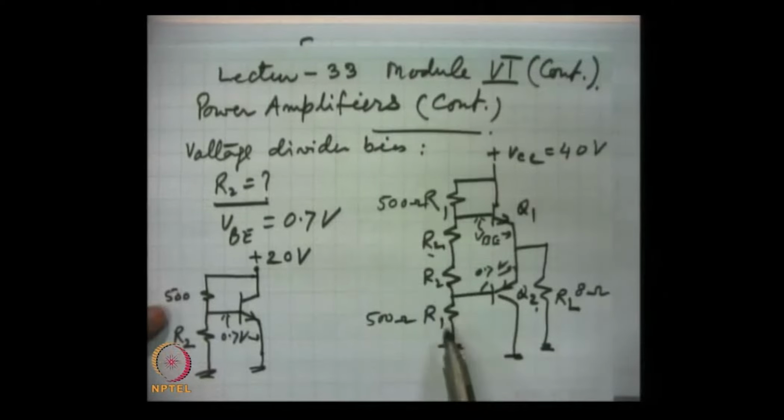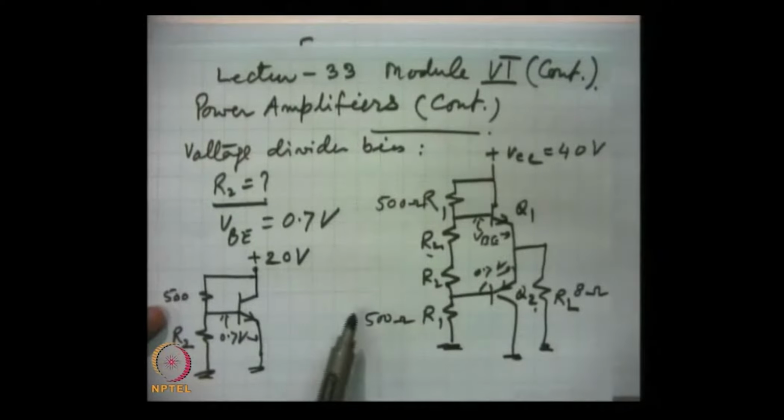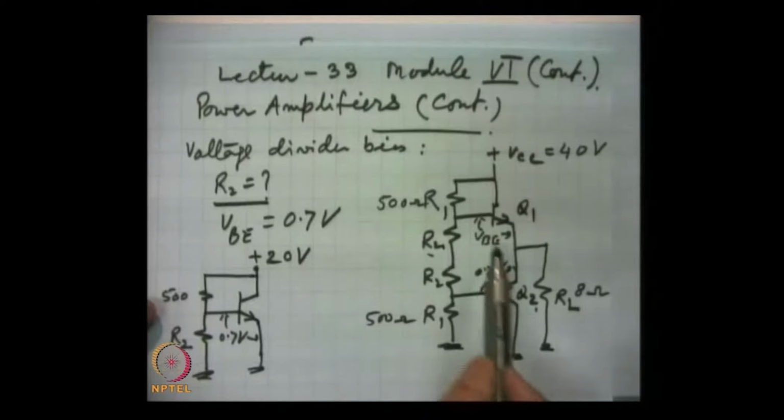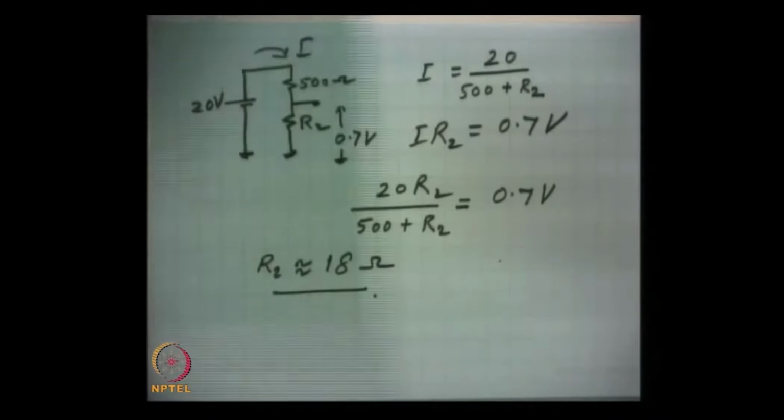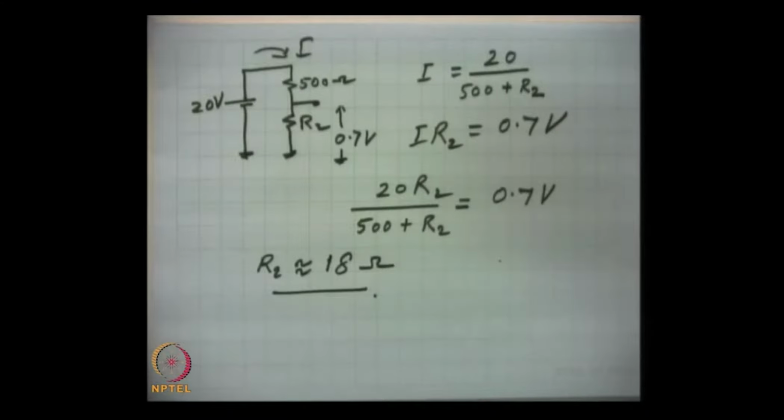That completes the circuit, and this 18 ohms will provide the trickle current. It will forward bias the transistor emitter base junction, so that it is in a ready to conduct state as soon as the input signal comes and this transmits.